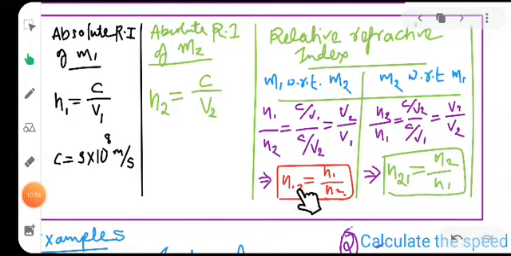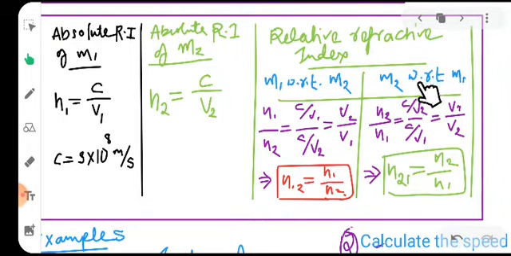So we have here n12 is nothing but the ratio of the refractive indices n1 and n2, that is n12 equals n1 over n2. See, there is no further need to describe the case where medium 2's refractive index is measured relative to medium 1. It's as simple as the first case.